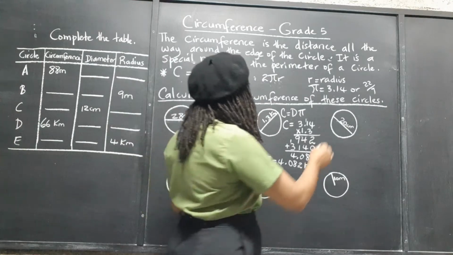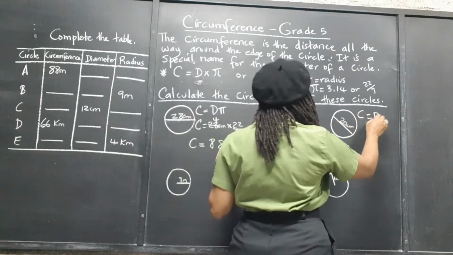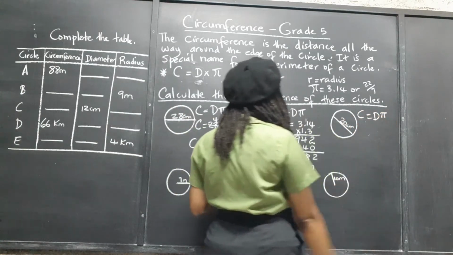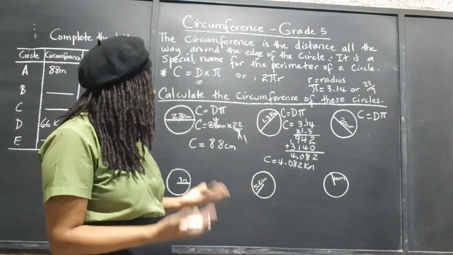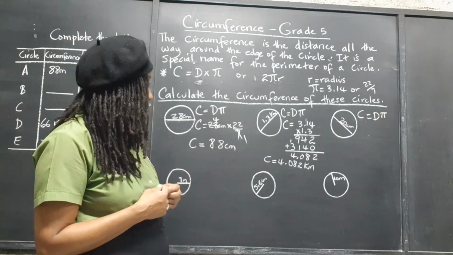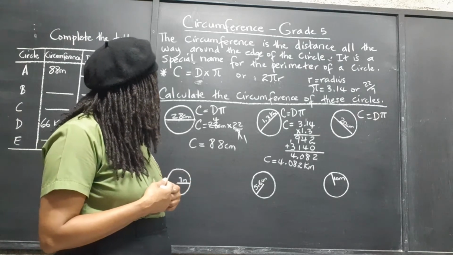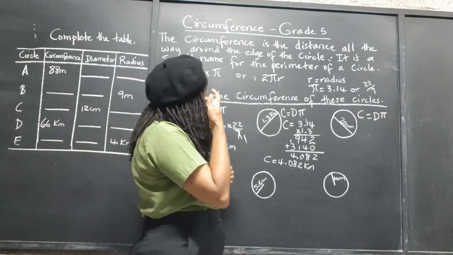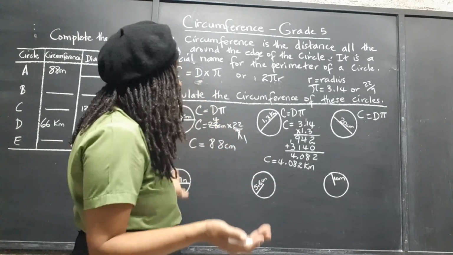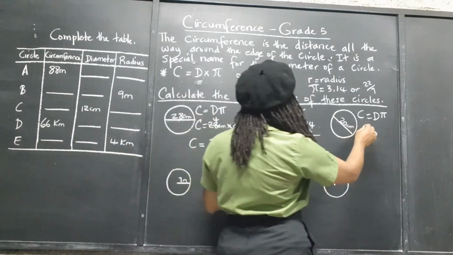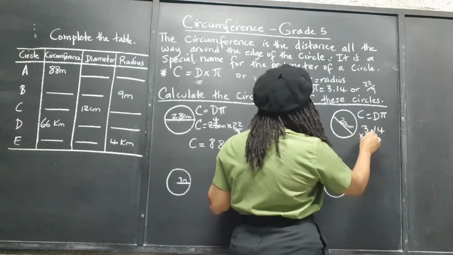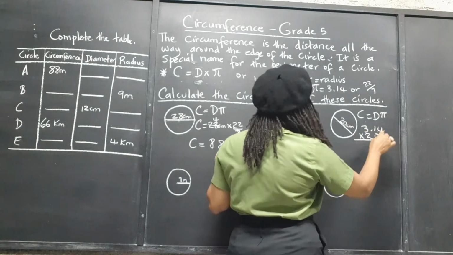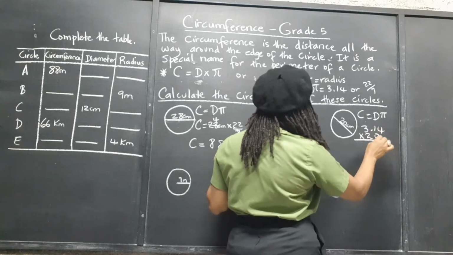Alright, so let's look at this circle, the diameter is 20 centimeters. We know that the circumference is the diameter times pi. Which one do you want to use this time? Do you want to use the decimal or the fraction? Alright, I'm going to go ahead and use the decimal. So that's 3.14 times 20. Alright, 0. We know that's just 0.